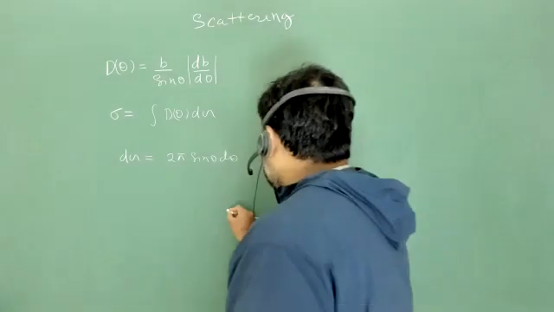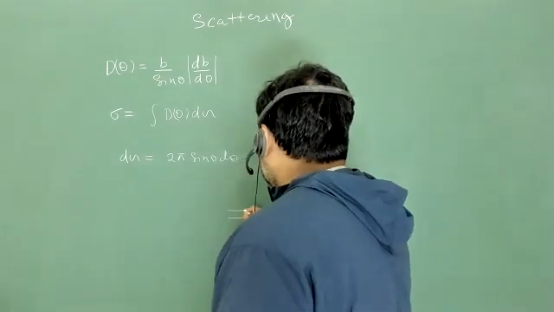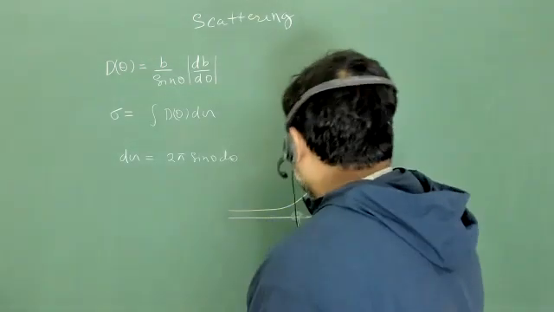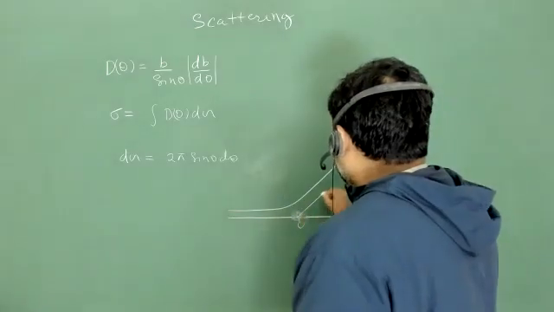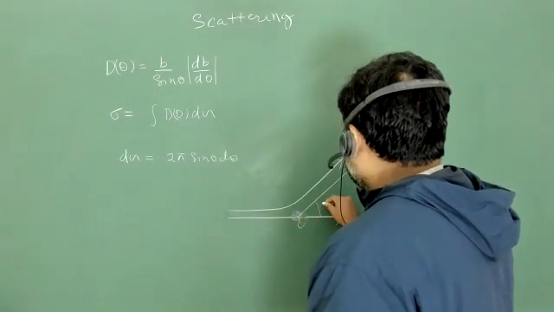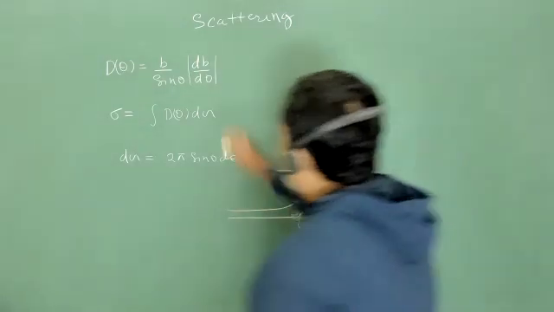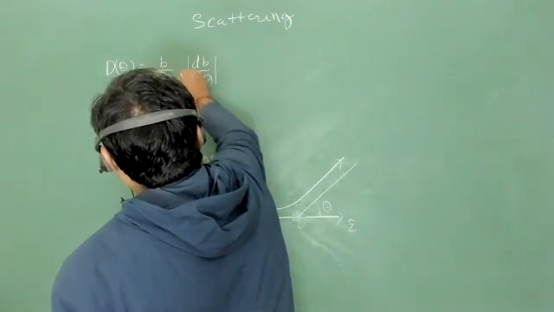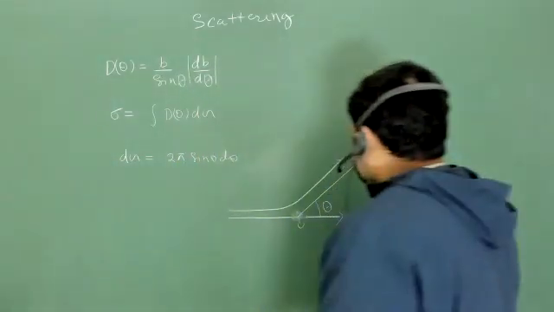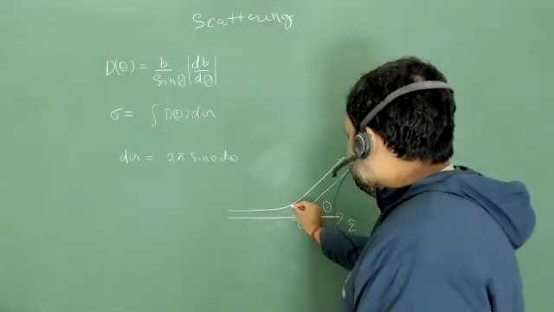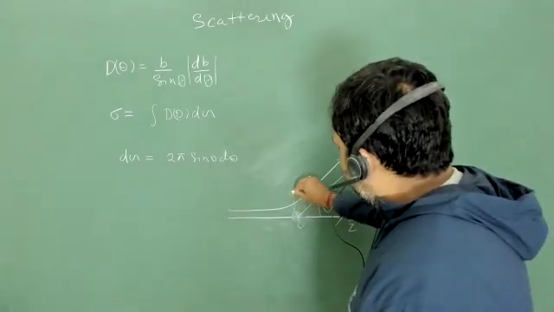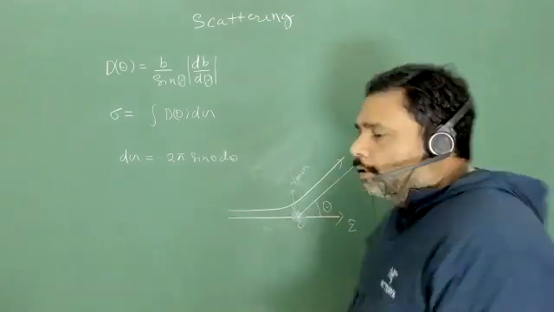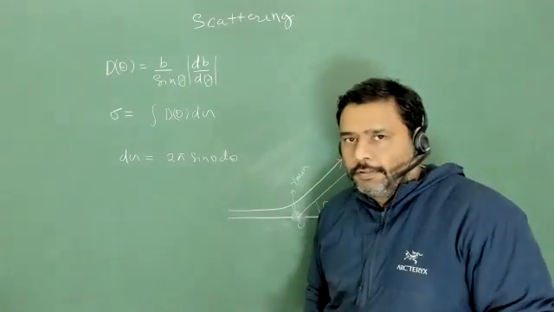So what will happen? The particle will come here, come under the influence, and again it will go off in a straight line. And this particular angle is basically the angle of scattering. We have to give this a notation: this is your angle of scattering, capital theta. And this particular distance is r minimum, which is also known as the closest approach.